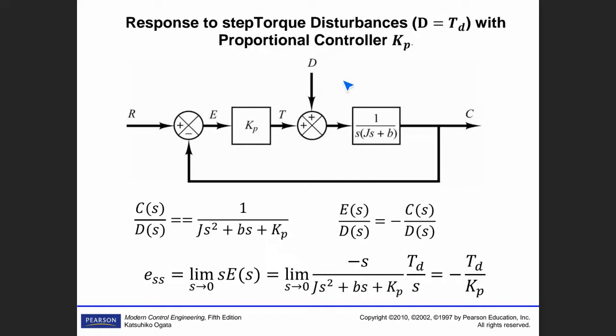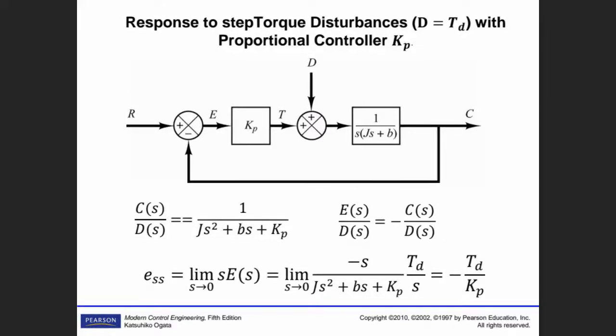The disturbance effect should be reduced. We have already seen that we use the superposition theorem, and that means in order to evaluate the effect of the disturbance, we have only the disturbance and there is no input for Rs.